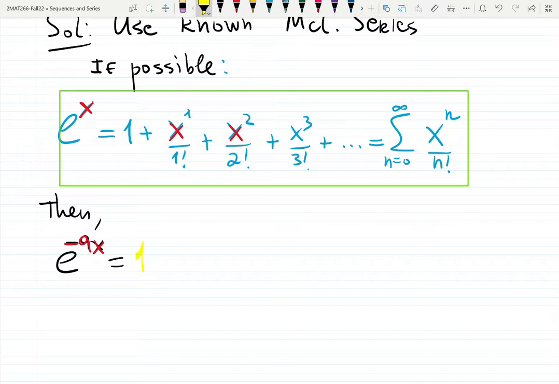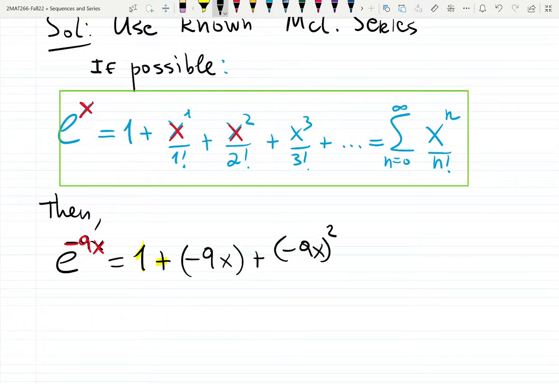So it's going to be 1 plus minus 9x over 1 factorial, which is 1. Let's not write it down. Plus minus 9x squared over 2 factorial plus minus 9x cubed over 3 factorial, which is 6, plus, and keep going.